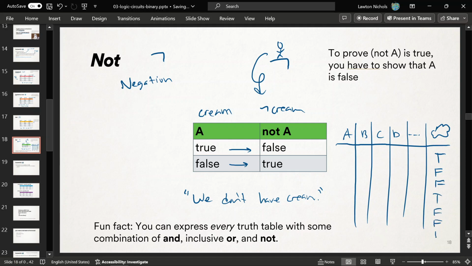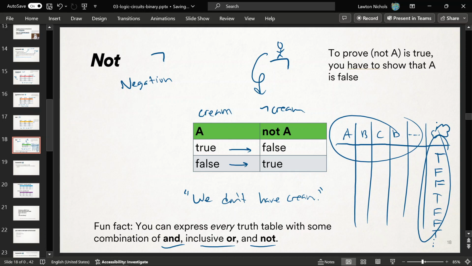You can come up with whatever ordering or combination you want. Just using these variables, and inclusive or, and not, combining them all together, you can build any right-hand side. You can build any final answer truth table that you want, which is really powerful.